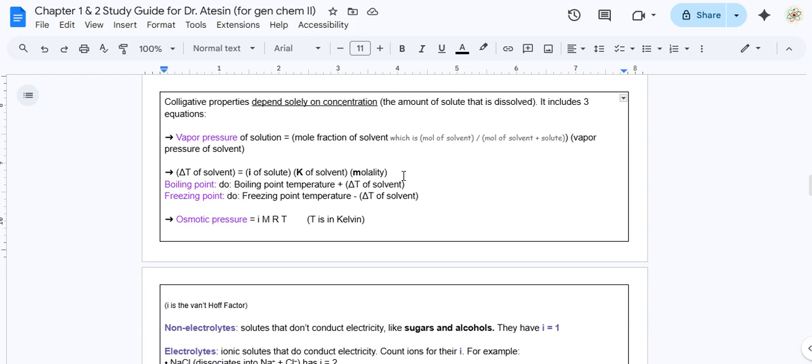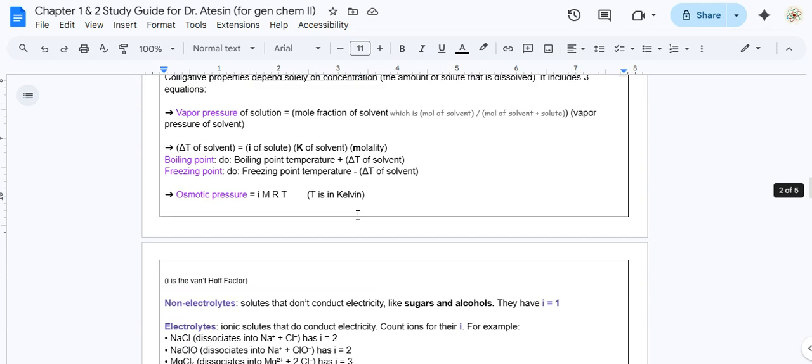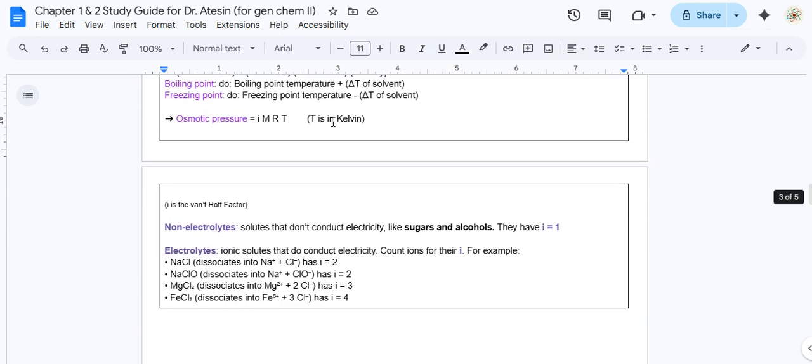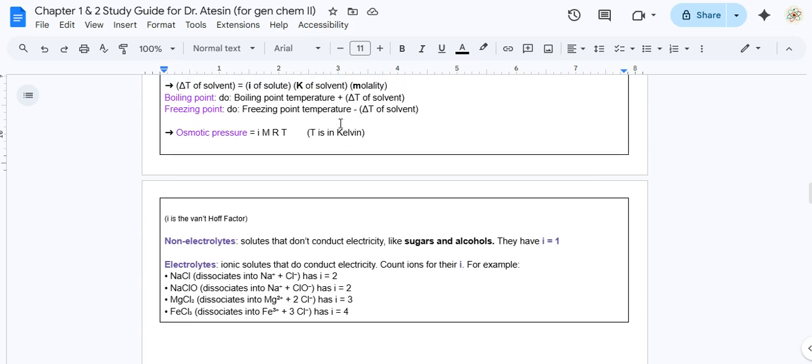And we'll get to more details about these equations when we actually do questions using them.